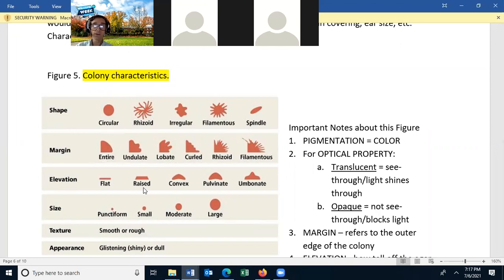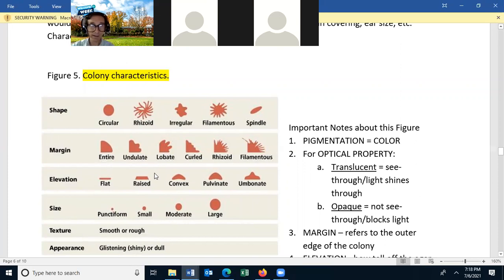All right, you can look at the elevation of the colony. Some colonies are flat, some colonies are raised, some are convex, some are pulvinate, and I will never ask you, is this colony convex or pulvinate? But I could ask you, is the colony umbonate, or is it convex, or is it raised?